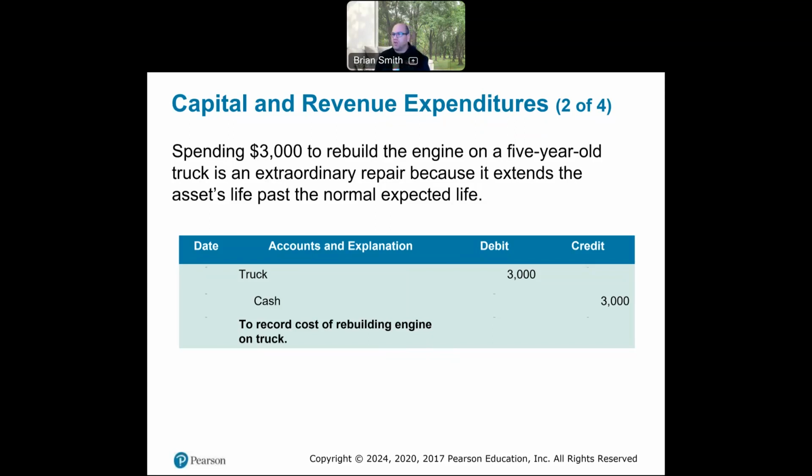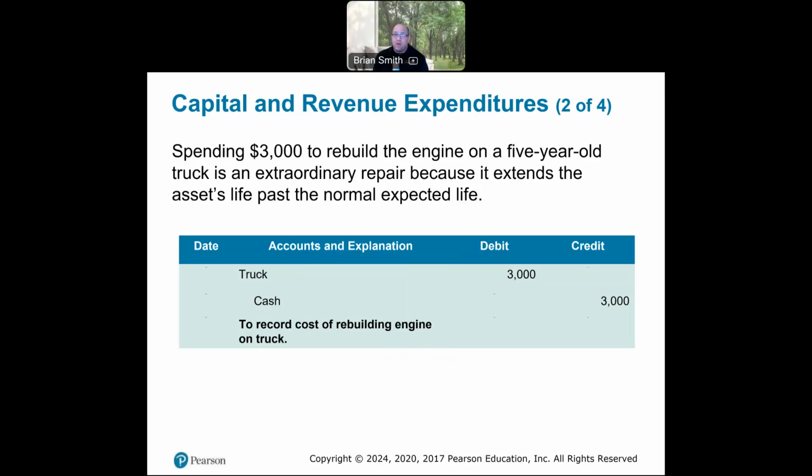But your engine's what drives the car, and so therefore, if you spend $3,000 to rebuild an engine, you're going to extend that normal life of that asset, right? So we're going to put that $3,000 into that cost, and we're going to have to reevaluate the depreciation on that asset.